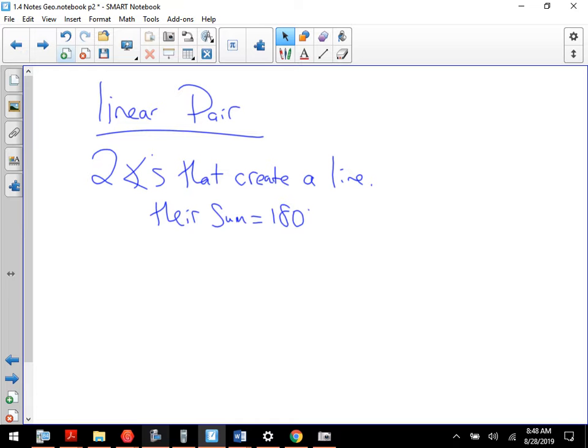Linear pair is supplementary. Supplementary isn't necessarily a linear pair, because supplementary can be angles that are not next to each other. Linear pair are always next to each other. Does that make sense? So if you see the term linear pair, we know that it's just two angles that make 180. Linear pair means they're next to each other, supplementary don't need to be next to each other. And that's what that looks like.